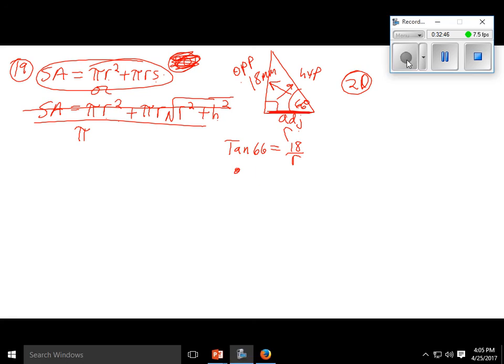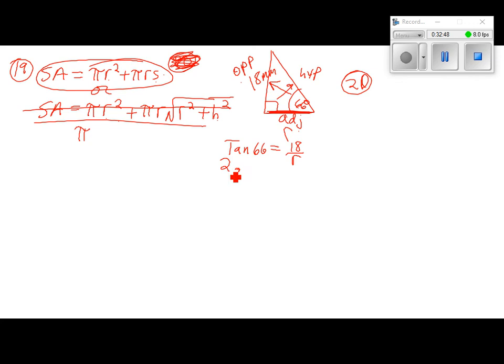I come up with 2.2460. That equals 18 over r. Put a 1 underneath that, cross multiply, and you end up with 2.2460 times r equals 18. Divide both sides by that 2.2460. These are going to cancel, and it's just going to leave you with r.